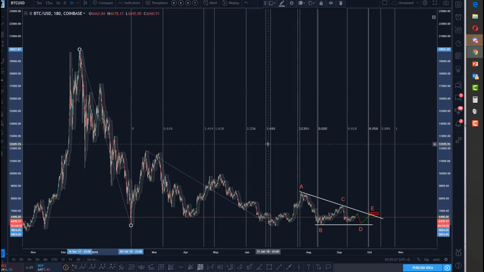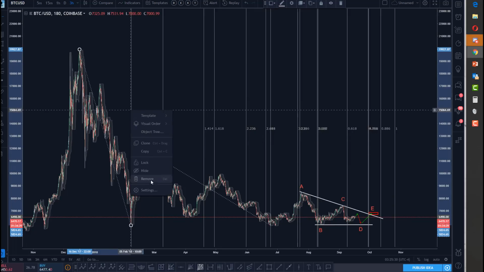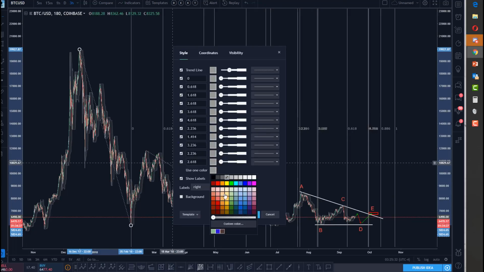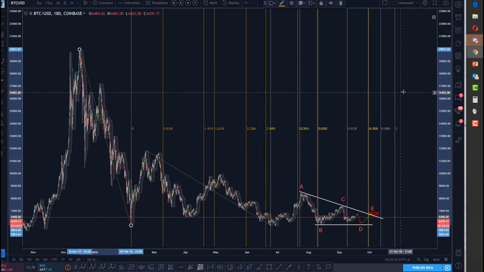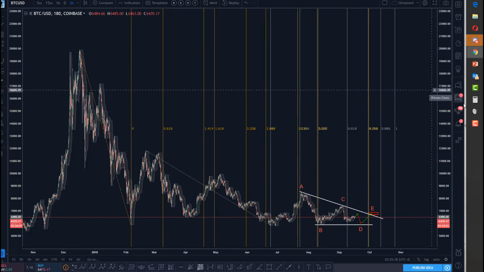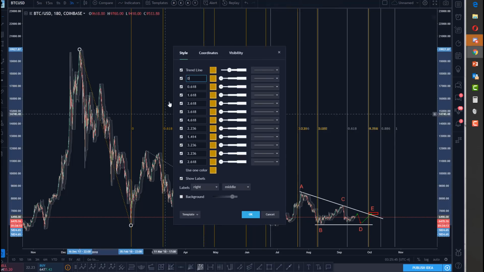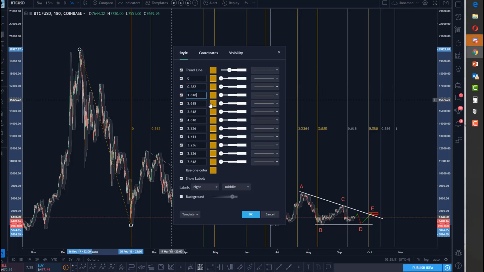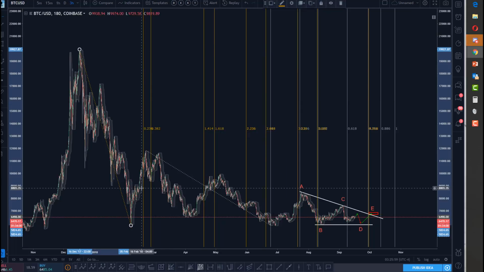I mean, look, I can already see there's a lot of overlap. Let me make it a different color. Well, the 382 and the 236 certainly land in interesting spots, to say the very least.